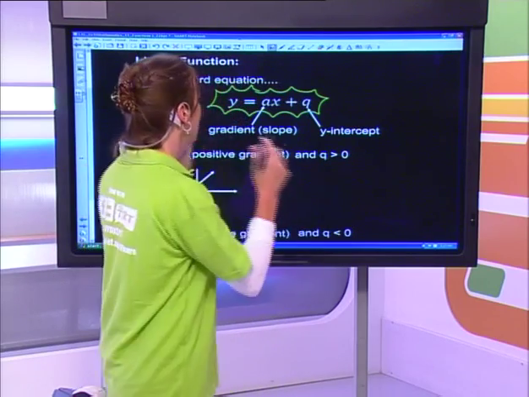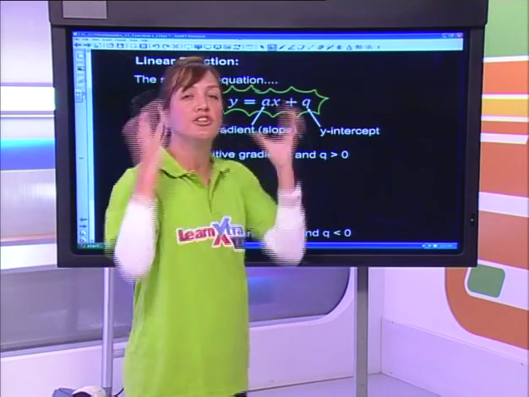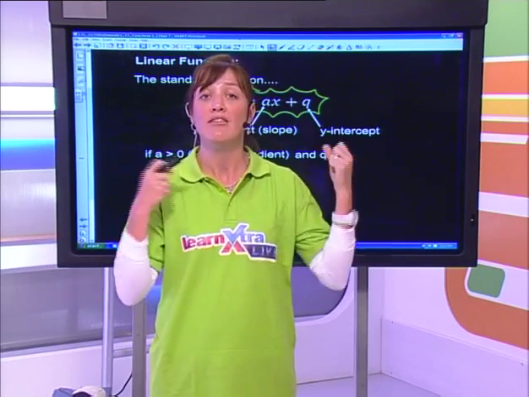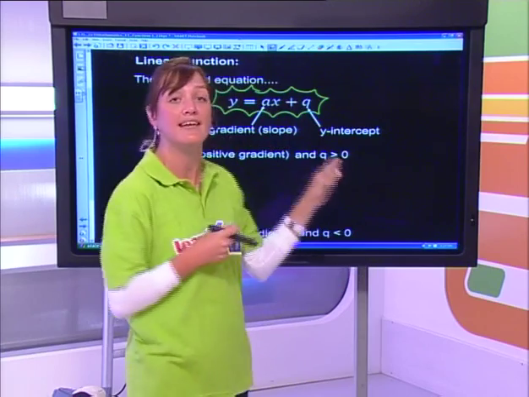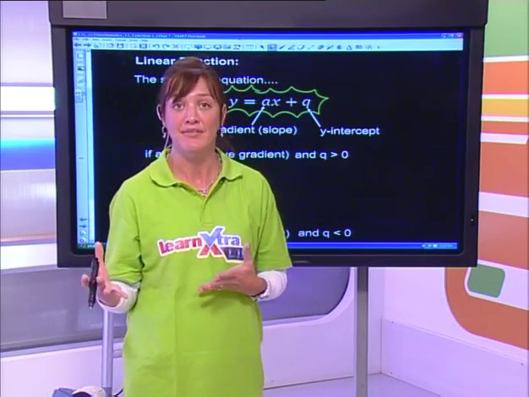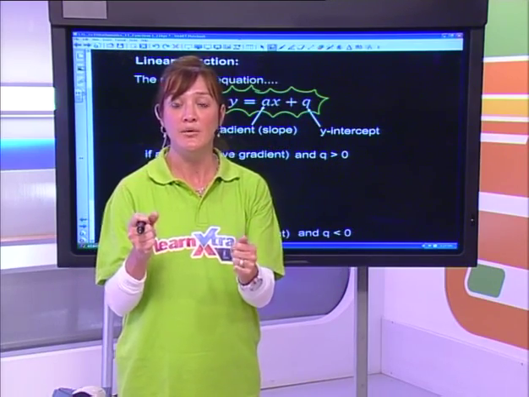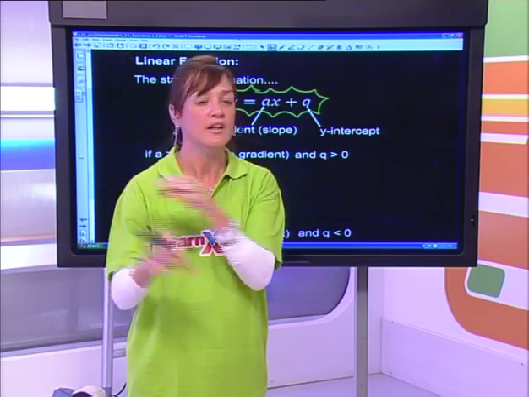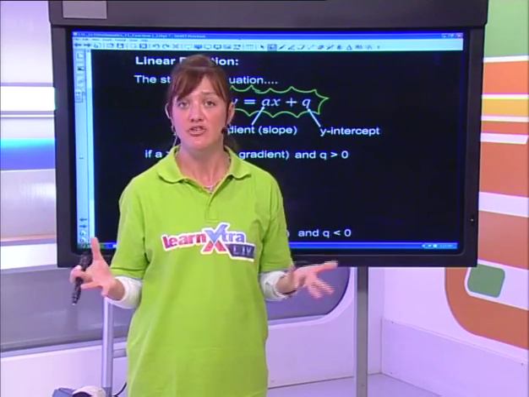So this equation determines the type of relationship between the x's and the y's, and because of that standard equation, the relationship is linear. The second you look at an equation, guys, and you can see that I've got an ax plus q form, you know it's going to be a straight line graph.